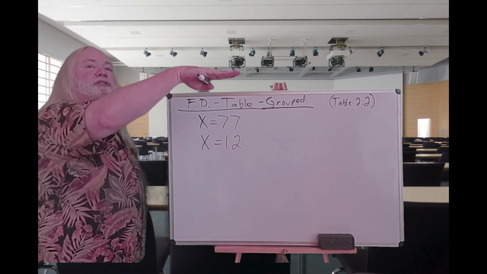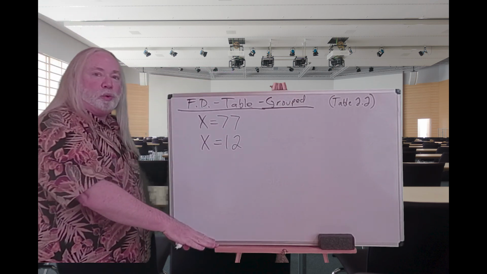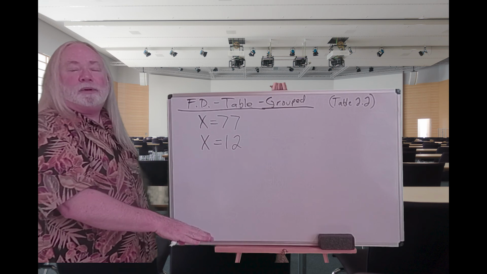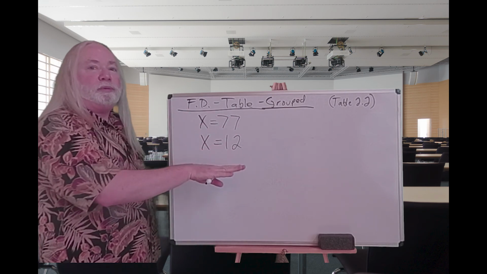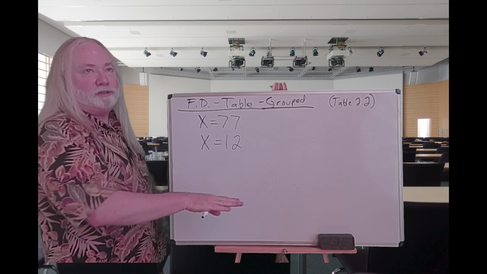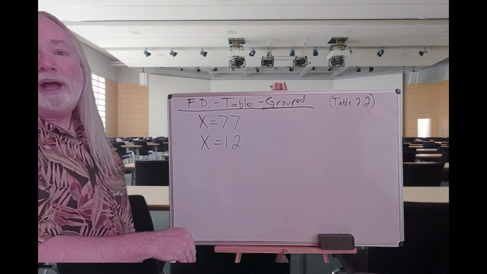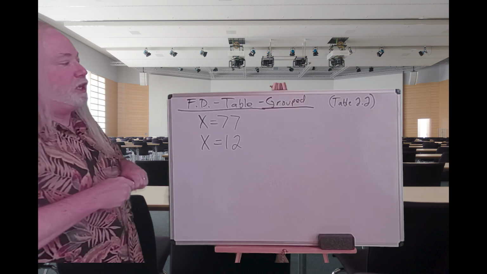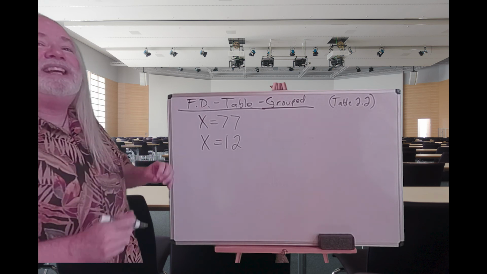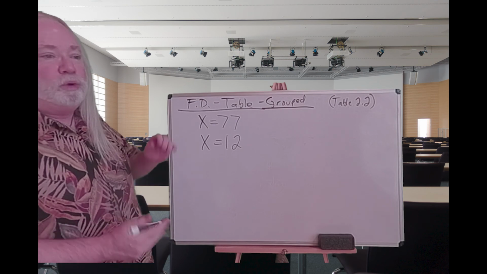If the highest score is 77 and the lowest score is 12, we would need to make a table that has a spot for 77, 76, 75, 74, 73, 72, 71, 70, 69, 68, all the way down to 12. That would take 66. If you just subtract it, you're going to think 65. But it takes 66 rows of data.